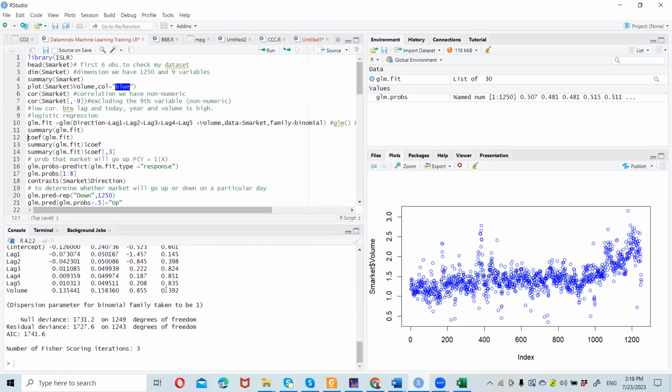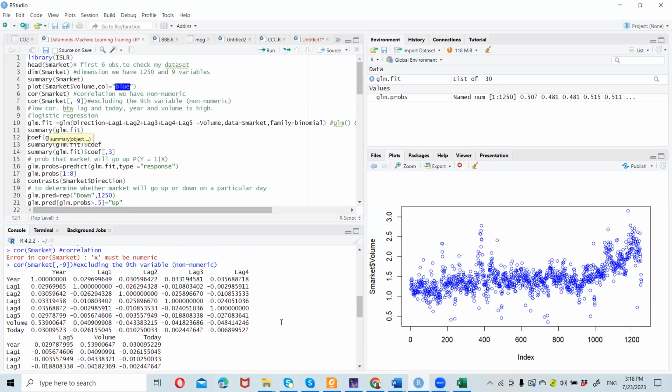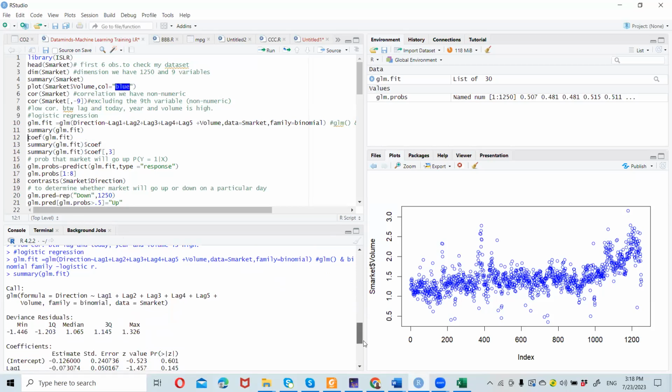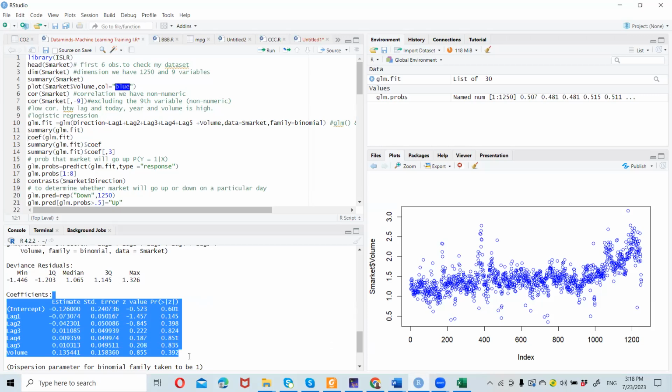We can see the results here, showing the output for all the variables. We can see that the p-values are large, which suggests that they are not significant at 5%, or even at 10%.